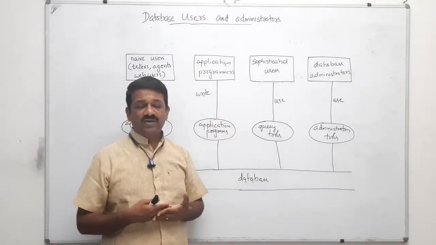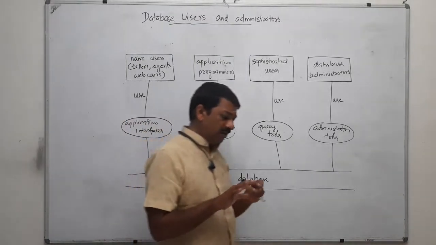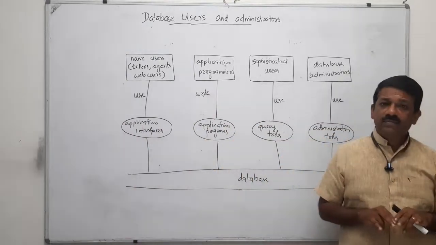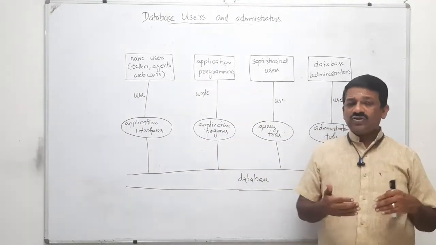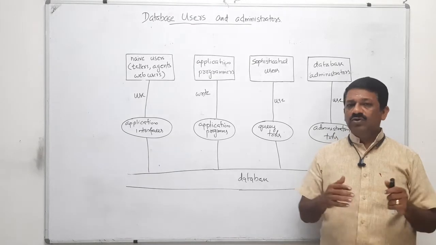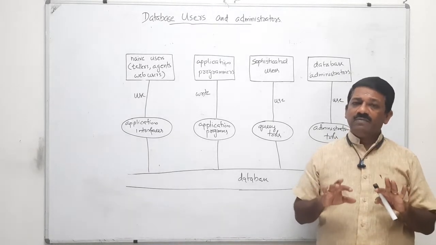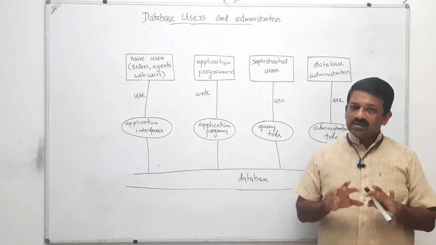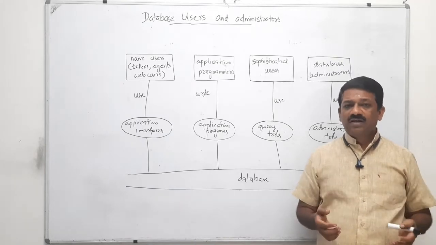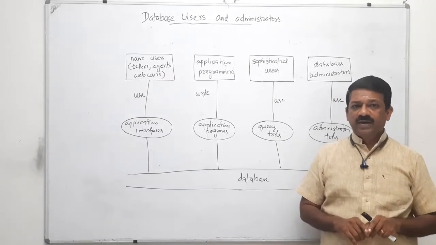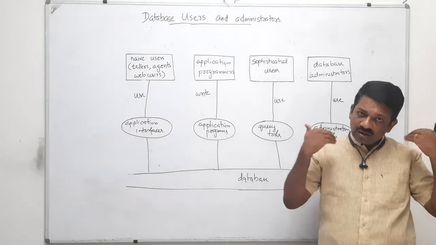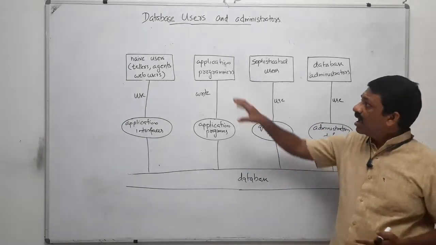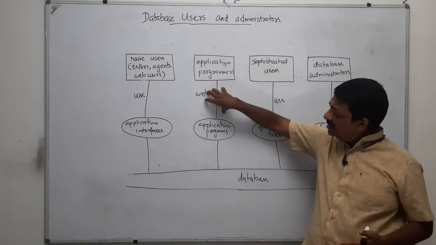For example, suppose you want to know the mark list of the previous semester. If you type some details and press enter, then automatically that will be displayed. For that, these application programmers write code.